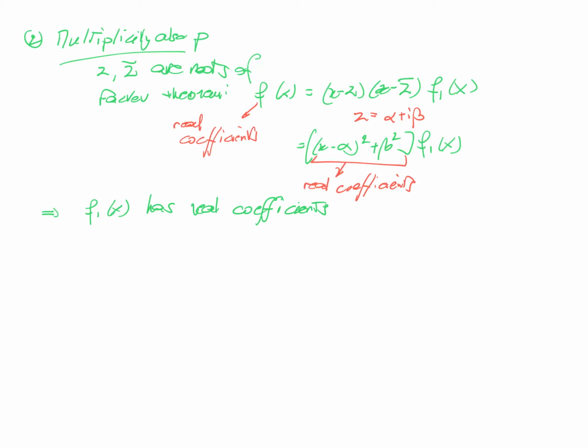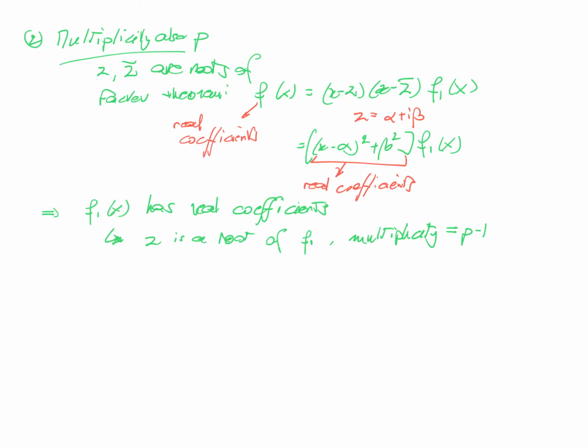We knew that z was a root of f with multiplicity p. We have already used one of those roots, so it means that f1 still has a root z, so z is a root of f1. But now the multiplicity has gone down by 1. We have used one of the roots z, so the multiplicity of z is p minus 1. Then again we have f1 with real coefficients.